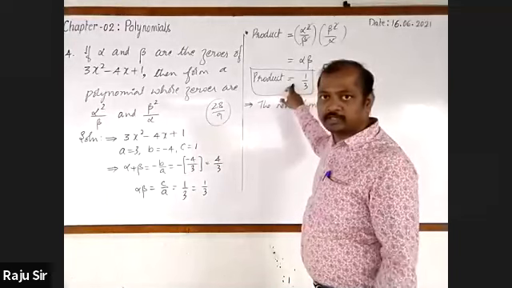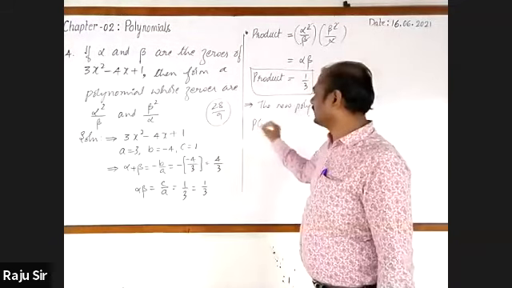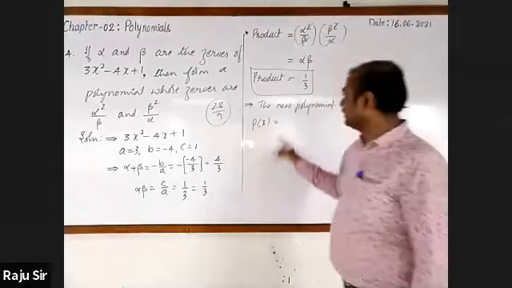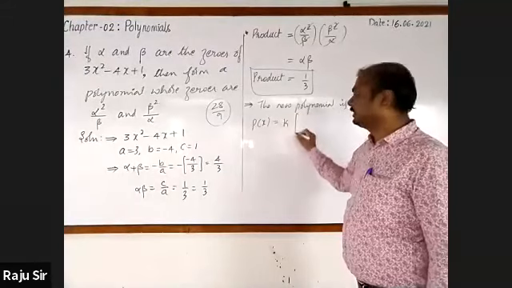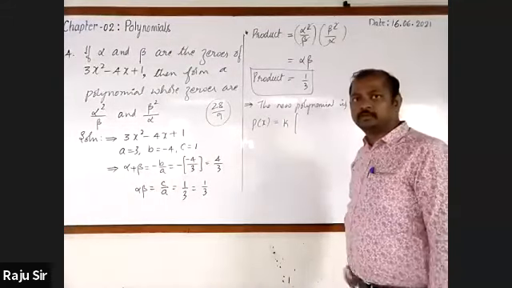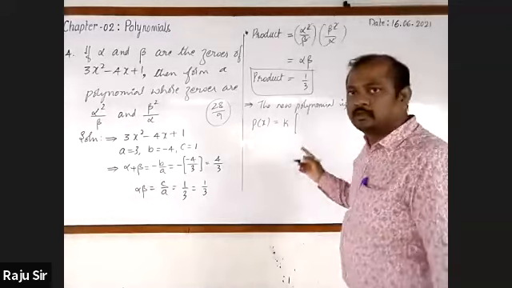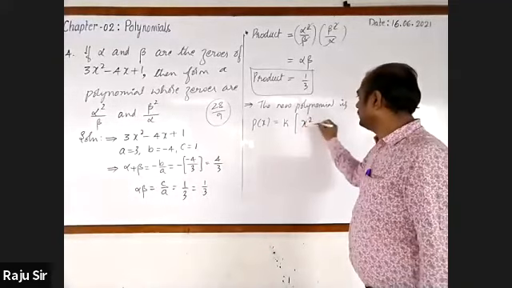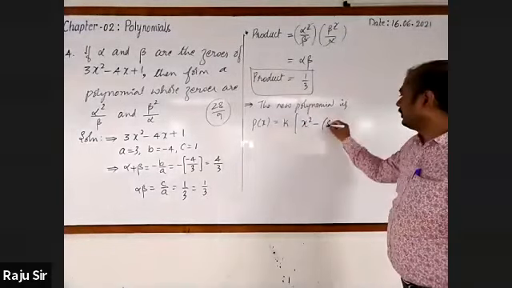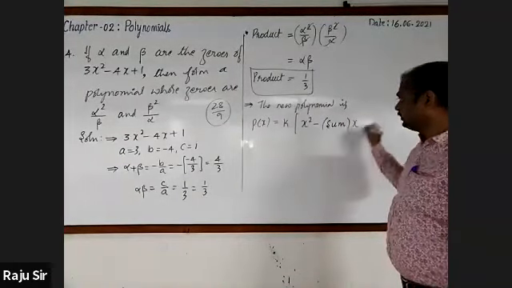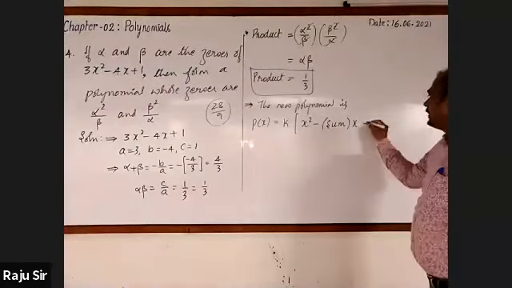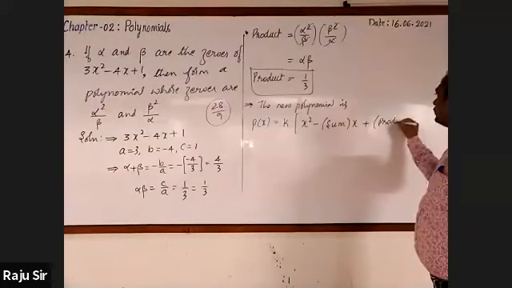The product is also in fraction. So let us write the new polynomial as P of x is equal to K into x square minus sum of new zeros into x plus product of new zeros.